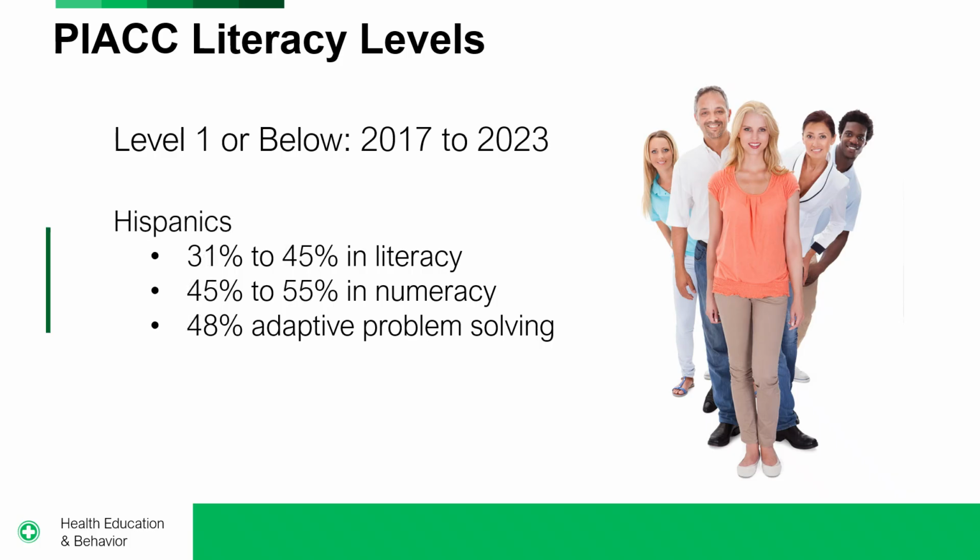For Hispanics, 31% to 45% in literacy, 45% to 55% in numeracy, and 48% in adaptive problem solving. For other, 19% to 32% in literacy, 25% to 32% in numeracy, and 34% at adaptive problem solving.